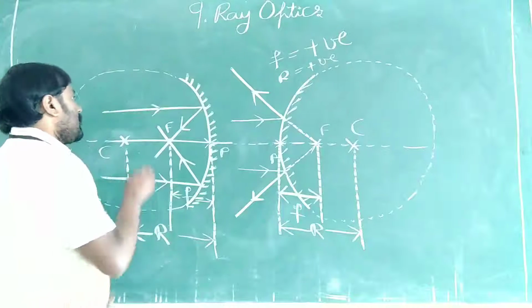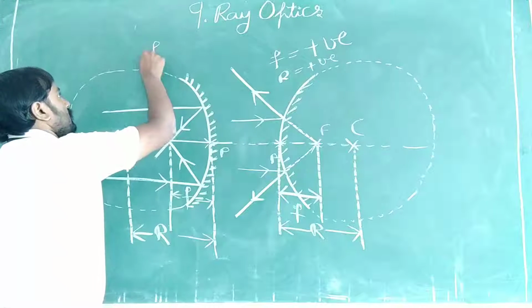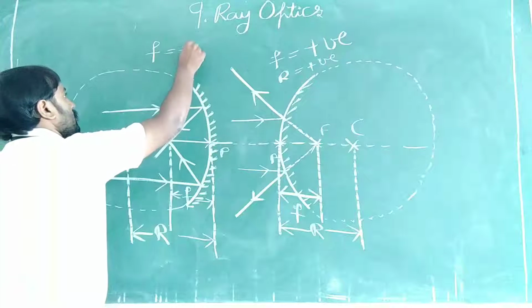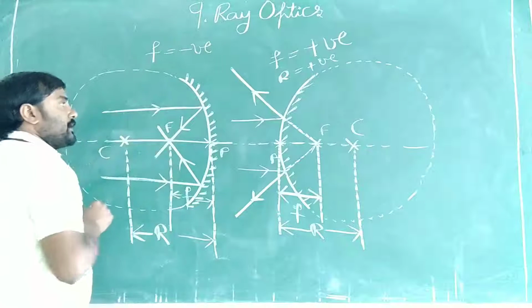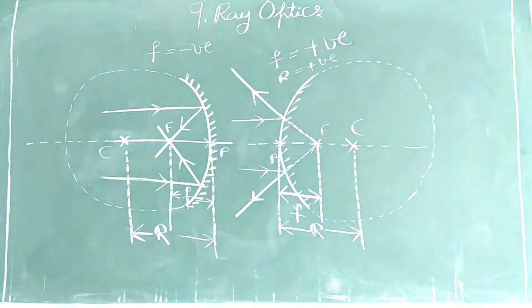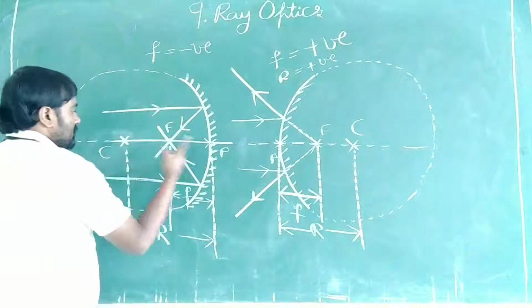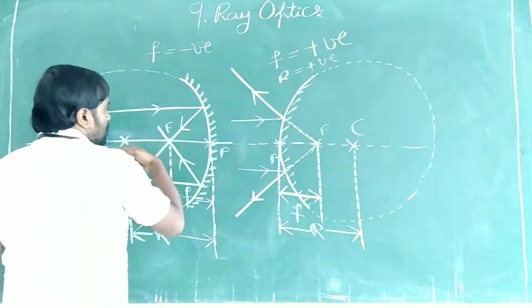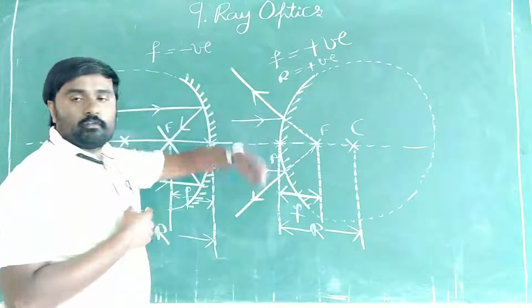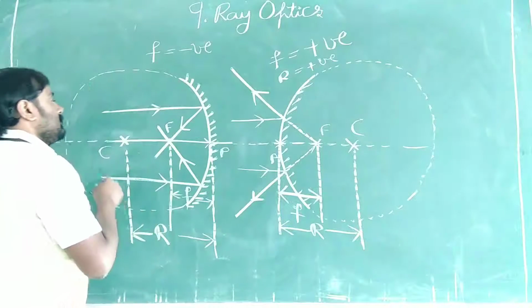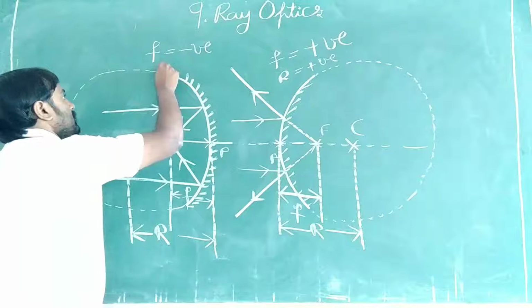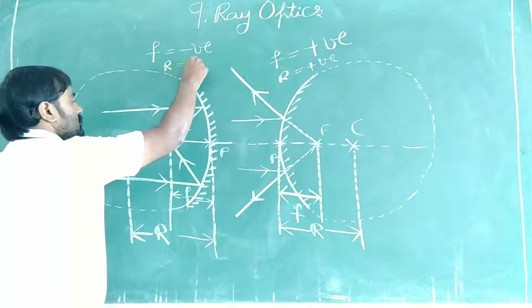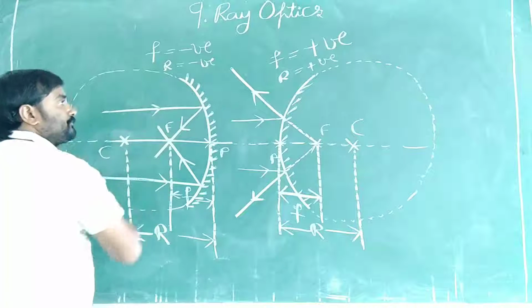So that is why the focal length of a concave mirror is negative. And pole to center of curvature is also opposite to the direction of incident light, so the radius of curvature is also negative.